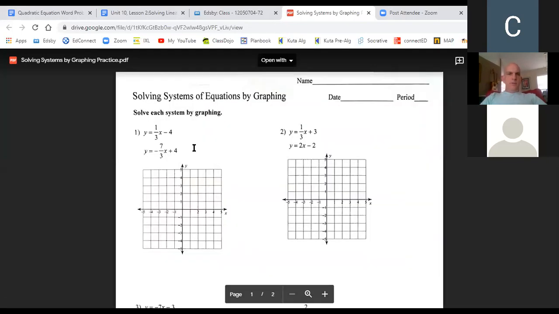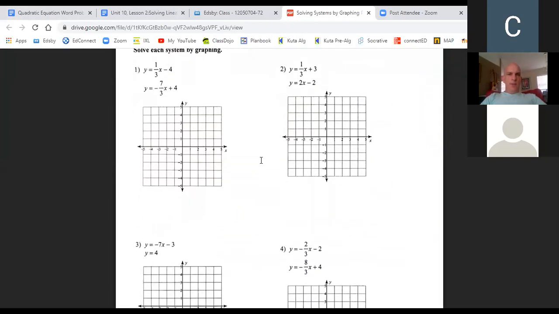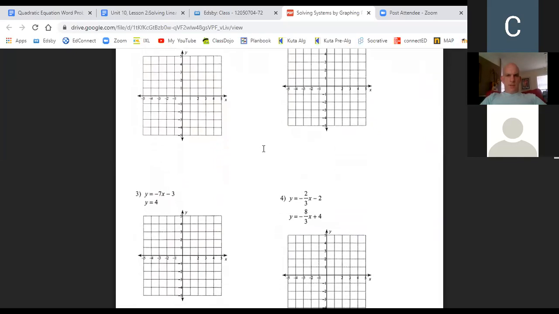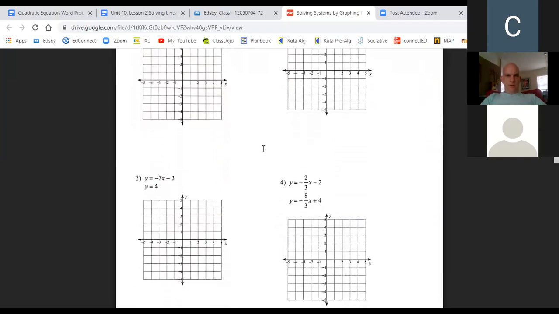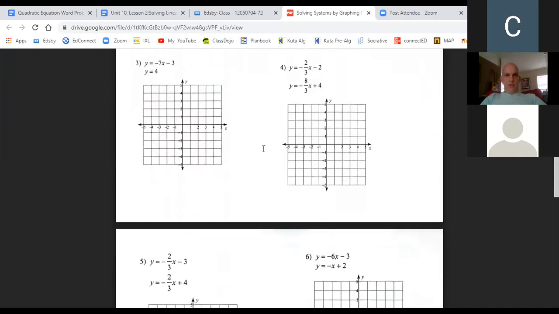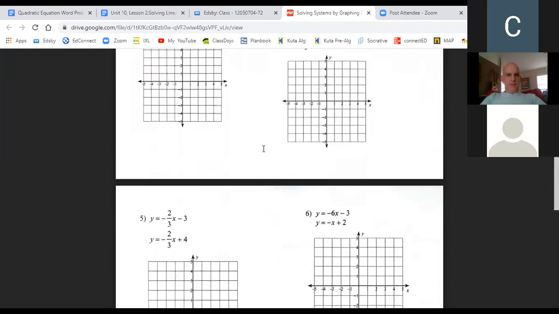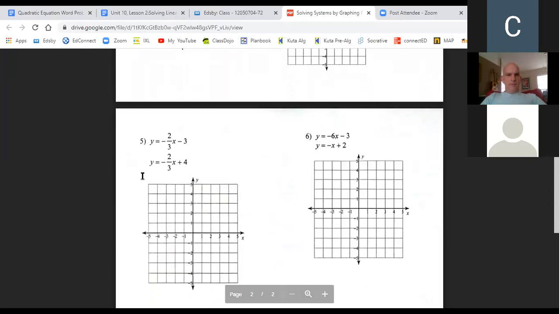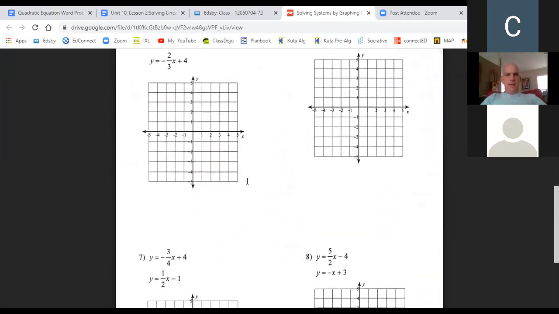You'll see some slope-intercept equations. You shouldn't have any situation where these lines won't cross, except number 5. So number 5, we're going to skip for right now.